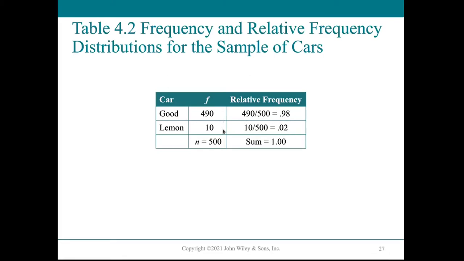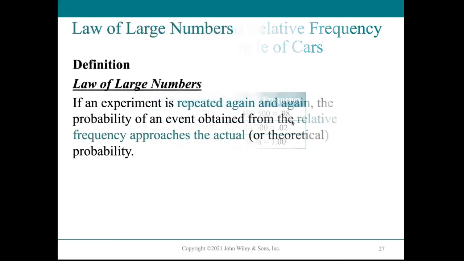Or we can just approach this as a frequency. So that means 10 times you found a bad car, and the rest of the time, that is 490, you found a good car. So 490 over the total number of times you tested, which is 500. So 490 over 500, 0.98. So the probability of getting a good car is 0.98 or 98%.